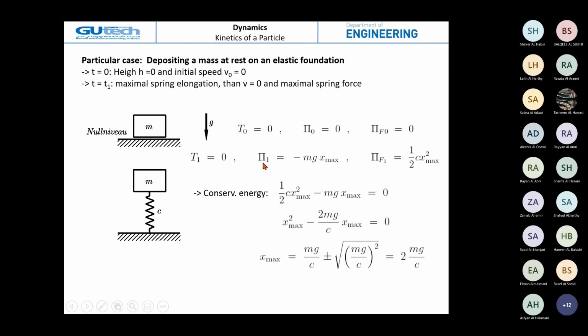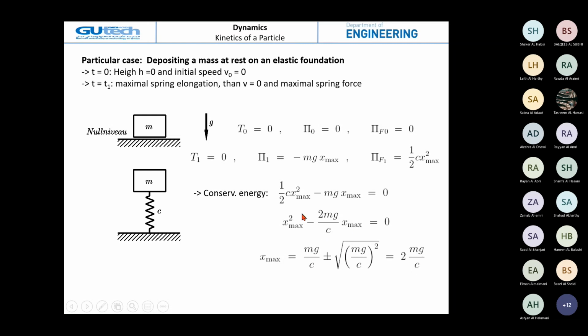That means at time t1 we take the sum of these three parts, and at time t0 we take the sum of T0 plus P0 plus PF0. If we do so, we get the maximum elongation of the spring, given by 2 times mg divided by c.